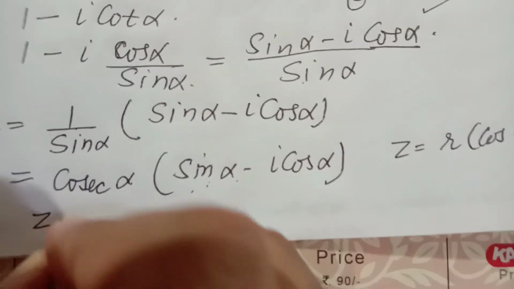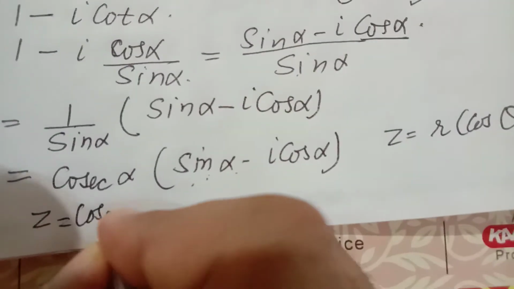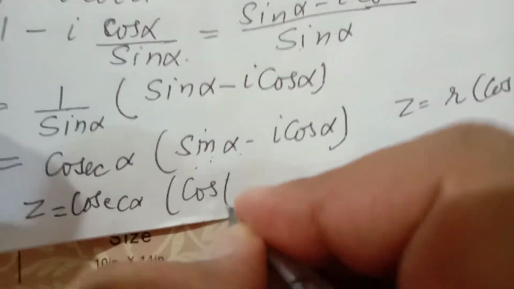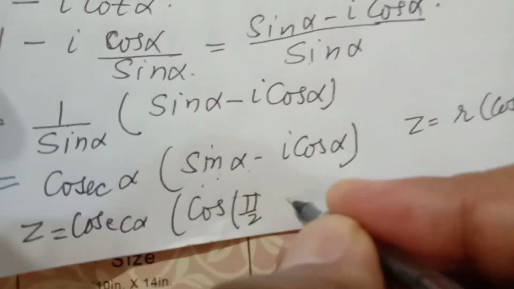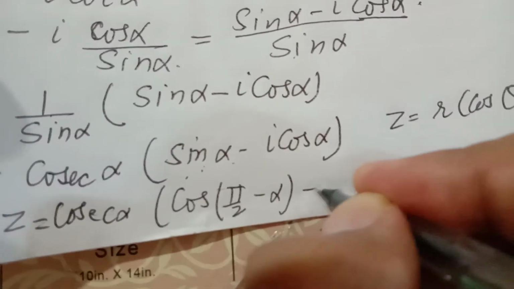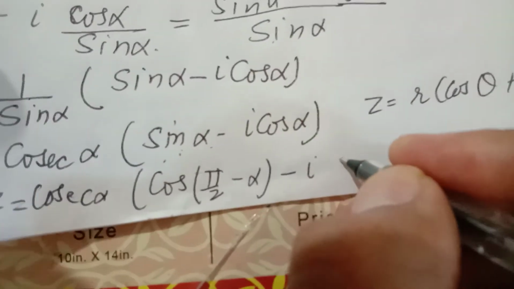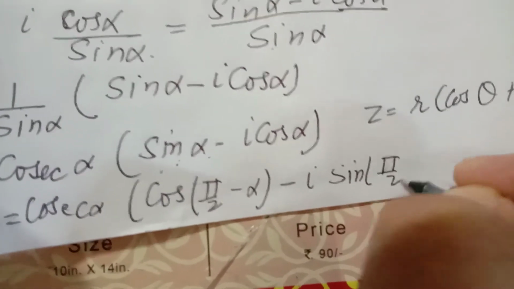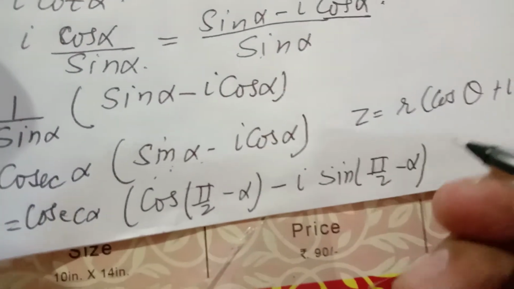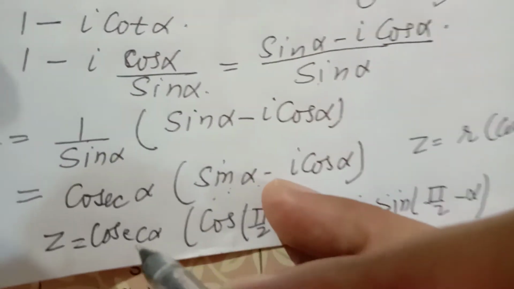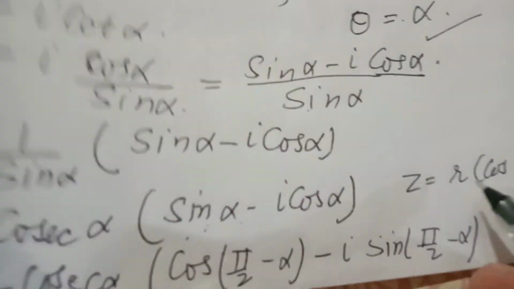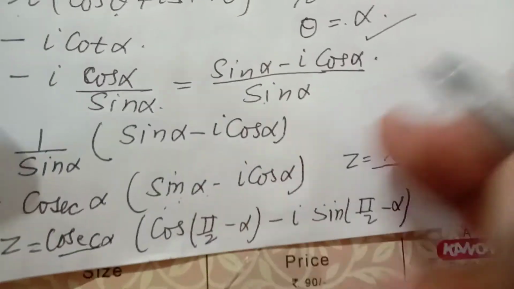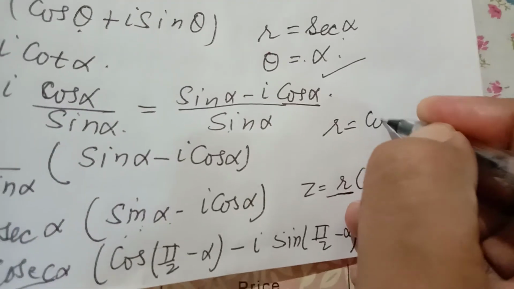So z becomes cosecant alpha, and sin we change into cos, so it becomes cos of pi by 2 minus alpha. And similarly iota as it is, cos we want to change into sin, sin of pi by 2 minus alpha. This expression will be coming to us. So what will be our modulus value? The modulus value r, if we compare with this, becomes cosecant alpha.